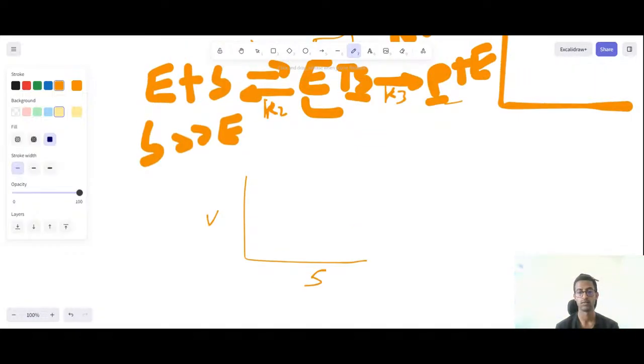There are good people who created this formula: V equals Vmax times the concentration of substrate over Km plus substrate.